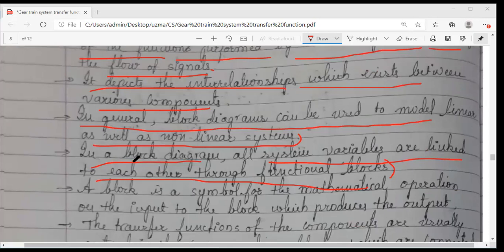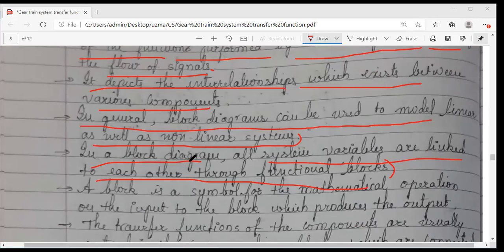But now at least you have some idea what these block diagrams are and why they are used, what are its advantages, some theoretical concepts. It may be asked, just explain the block diagram, or explain the advantages, or list the advantages and disadvantages.